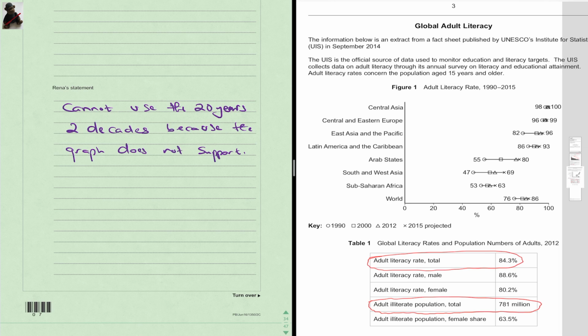So the graph does not support the suggestion. Also, other regions made greater progress.